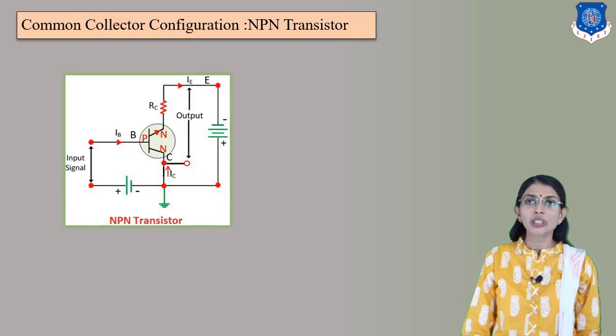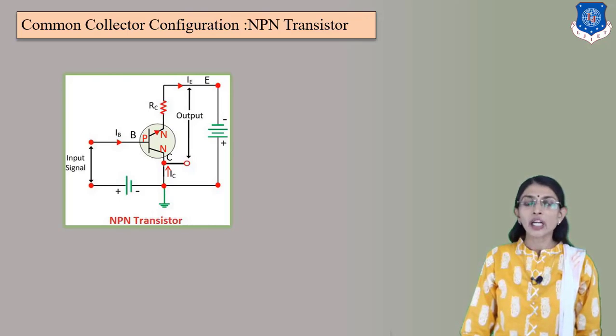Here I have used the NPN transistor so that the base is of P type and emitter and collector will be of N type. As per the biasing condition, the input junction must be forward biased and output junction must be reverse biased.